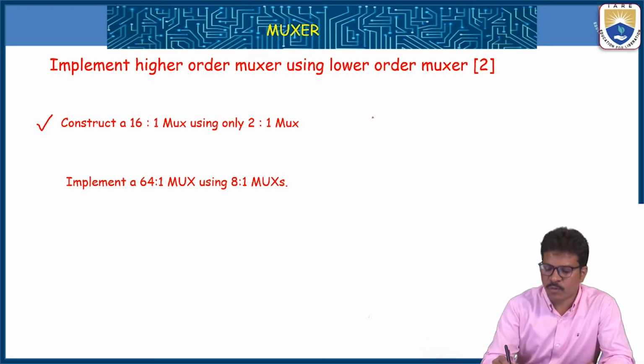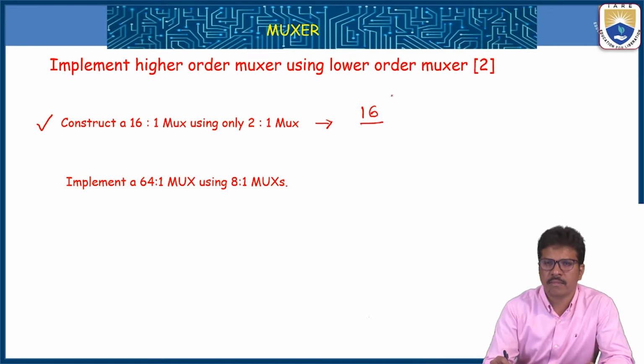For this problem, we take 16 and divide by the minimum multiplexer, which is the 2 by 1 multiplexer.